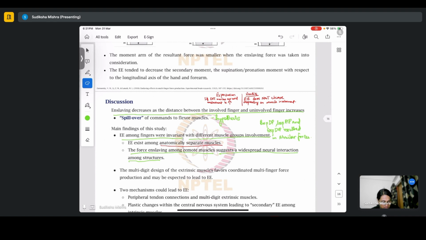This essentially points towards disproving the mechanical hypothesis, which was that there are interdependent forces at play which might control the enslavement, and points towards the neural hypothesis, which is either the multi-digit motor neuron hypothesis or the divergence central command hypothesis.